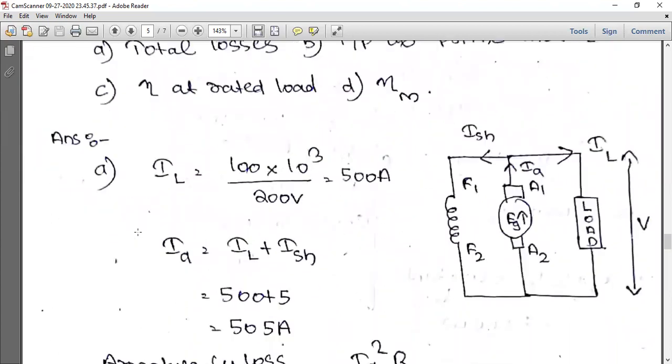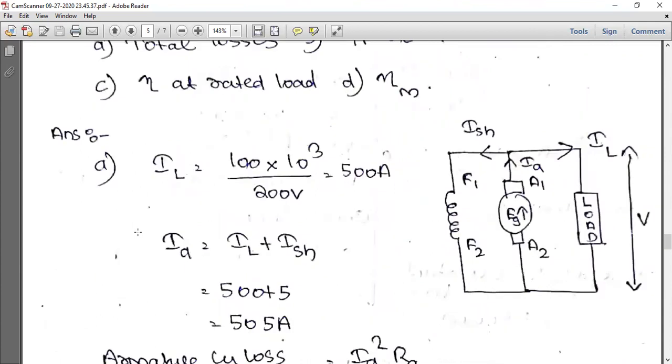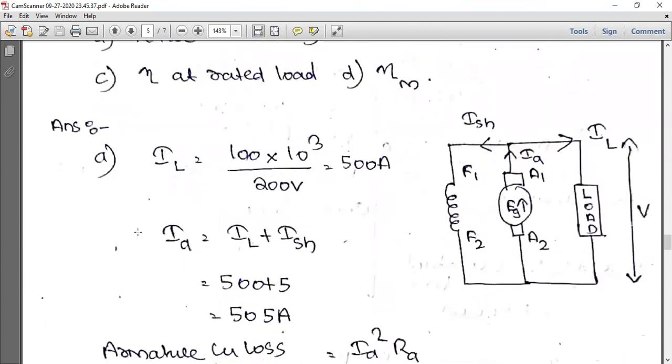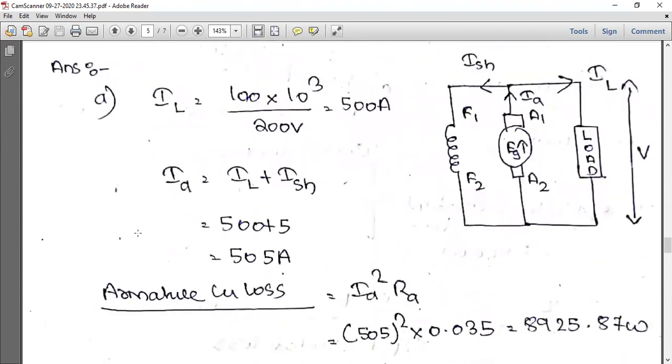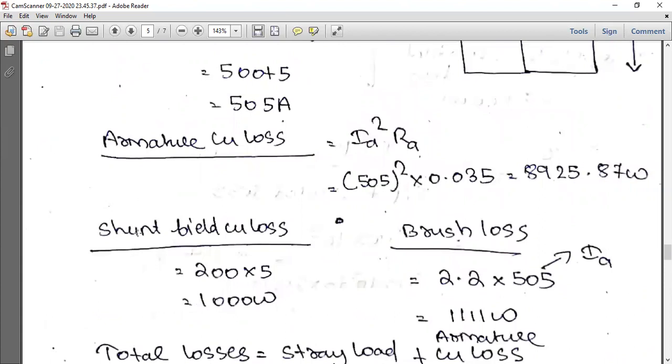If you have the load current IL and ISH, which is given as 5 ampere, then IA is equal to IL plus ISH, which is 500 plus 5. Armature copper loss is IA square into RA, so we calculate it like this. Then how do we calculate the shunt field copper loss? I told you, it can be ISH square into RSH, or it can even be V into ISH, the same. So 200 into 5 is the shunt field copper loss.